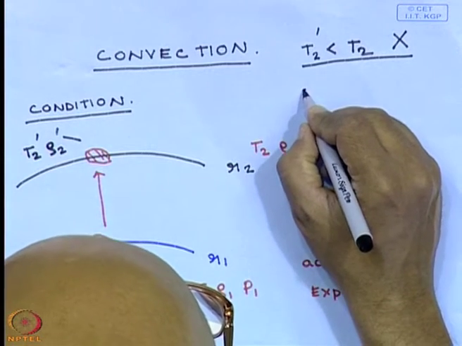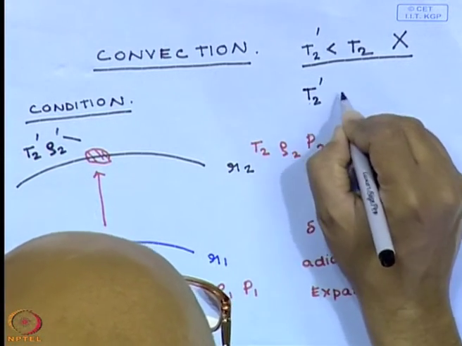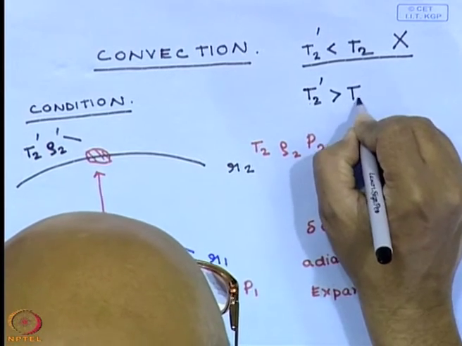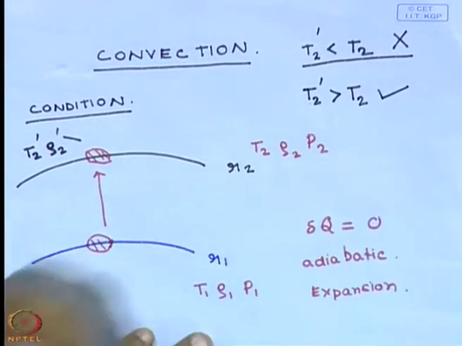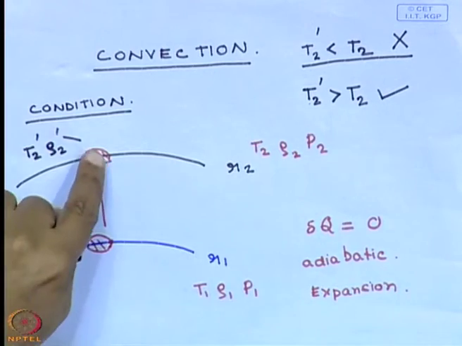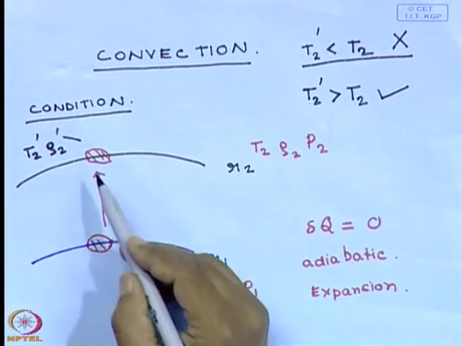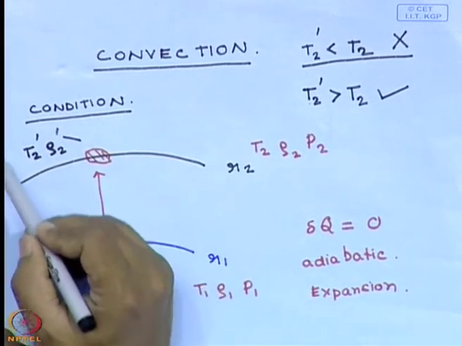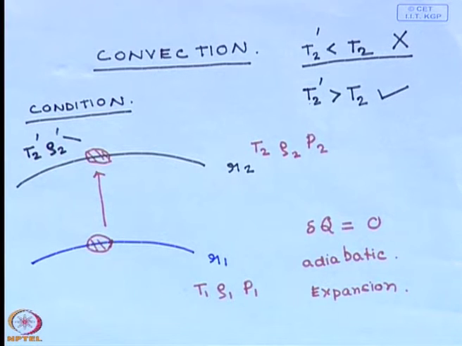So, if T2 prime is greater than T2, it is going to experience an upward buoyancy force, it is going to move up and it will continue to move up, and you will have convection setting in. Okay. So, you will have convection.